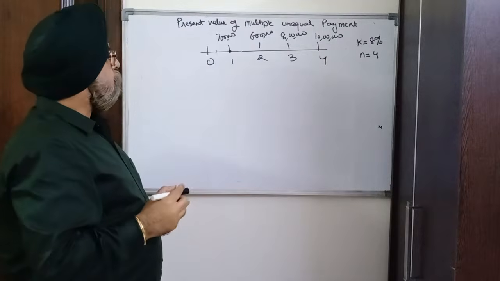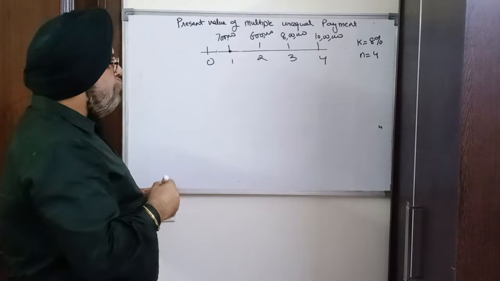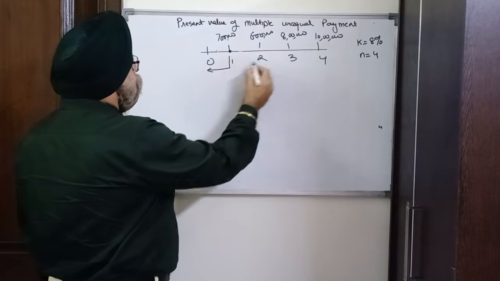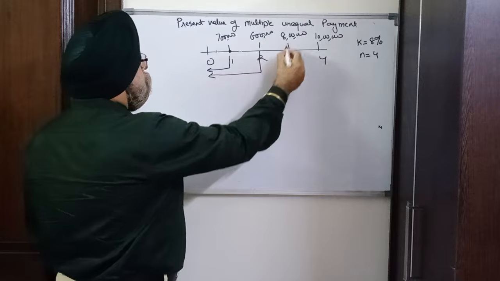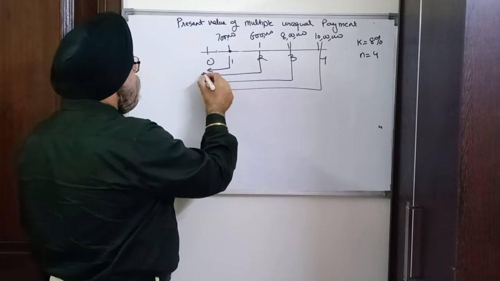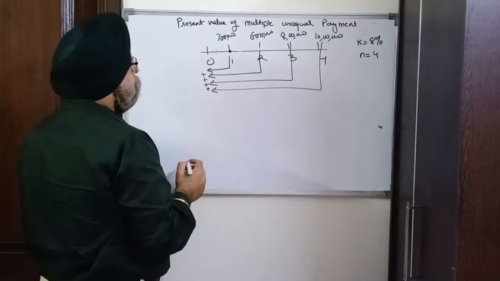So we want to know the present value of this cash flow. आज की डेट में क्या है? When we say we want to know the present value, we have to bring all the values to point 0. सबको 0 पे लाना है आपने इंडिविजुअल को. Then you have to add it. ठीक है ना?